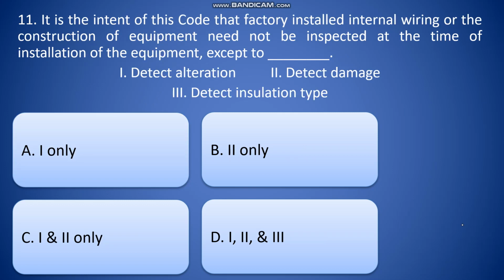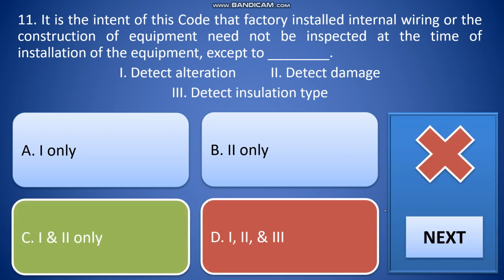11. It is the intent of this code that factory installed internal wiring or the construction of equipment need not be inspected at the time of installation of the equipment except two. All, I guess all.